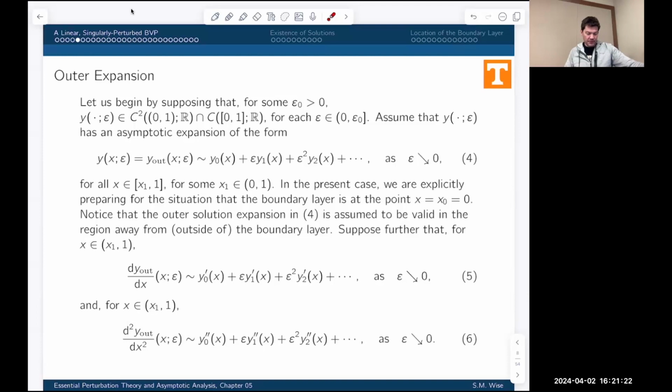We're going to assume also that y out, the outer version of the solution, has a first derivative and a second derivative that also have an asymptotic expansion, and the asymptotic expansion is given as the derivative of this asymptotic expansion term by term. Okay, so you can see that this is just the term by term derivative of that asymptotic expansion. The same with the second derivative. So we're going to assume that those are valid.